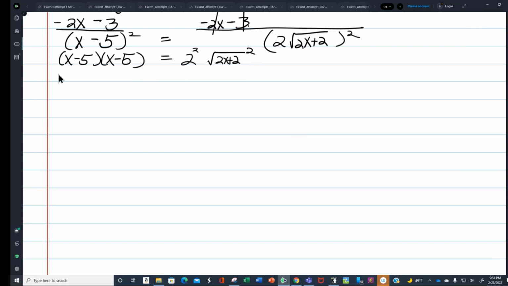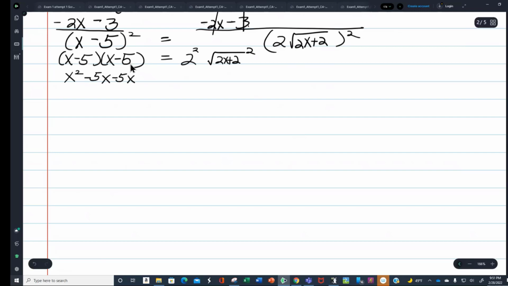Okay, now that you know all about the distribution method, or maybe you're already foiling, we'll just say that this is x times x, that's x squared. X times minus 5 is minus 5x. Minus 5 times x is minus 5x.